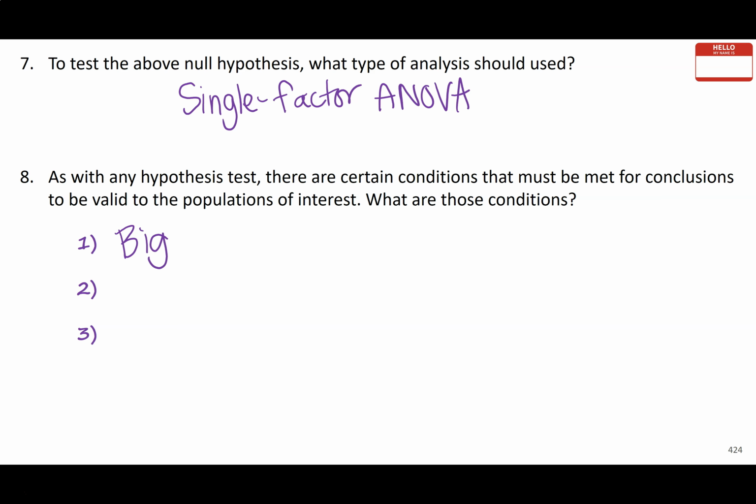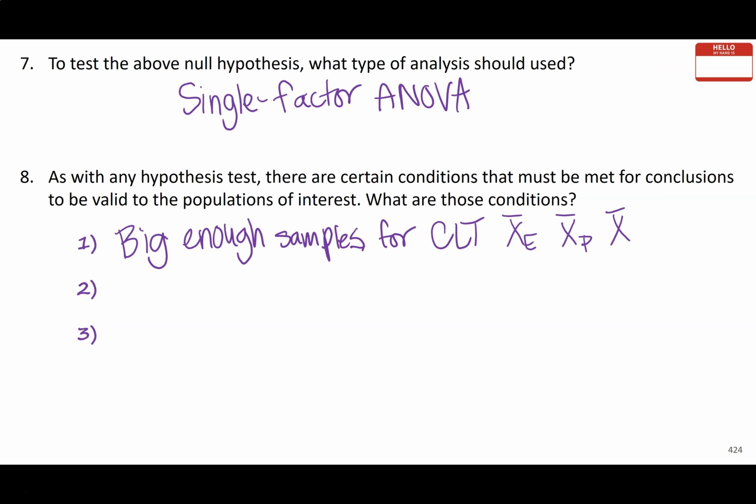I'm going a little out of order. Sample sizes for the central limit theorem to kick in for x bar E, x bar P, x bar S.